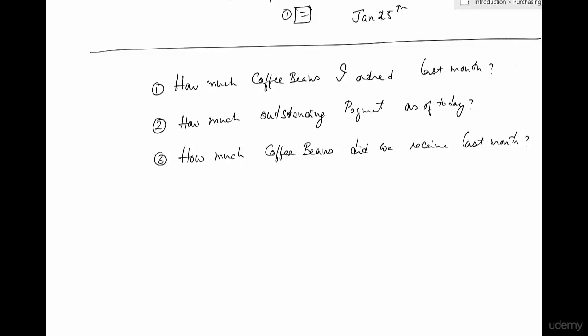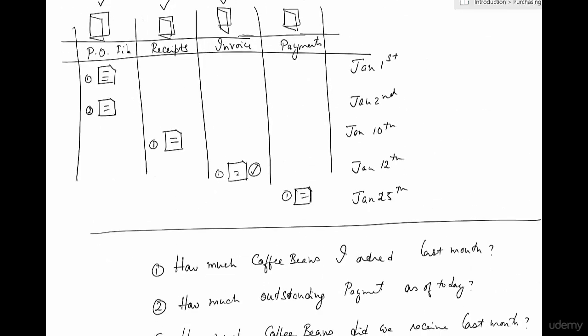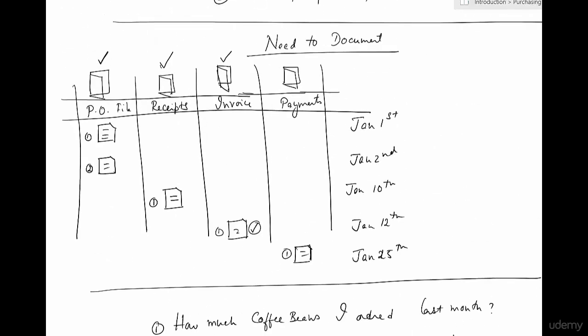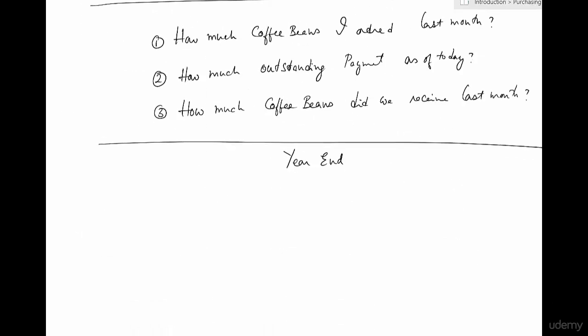So what did we do here? We documented things, and through the process of documenting, we were able to answer so many different questions, right? And what I'm going to do at the year end is take my files, PO files, receipts, invoices, and payments.